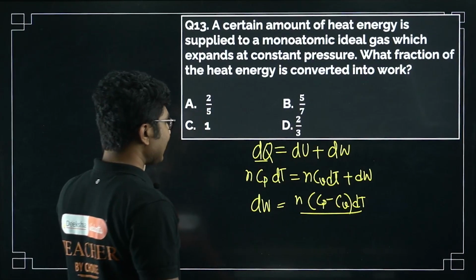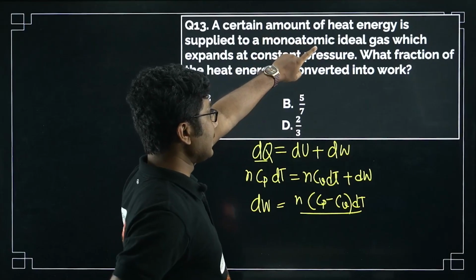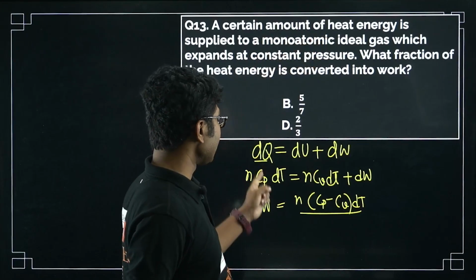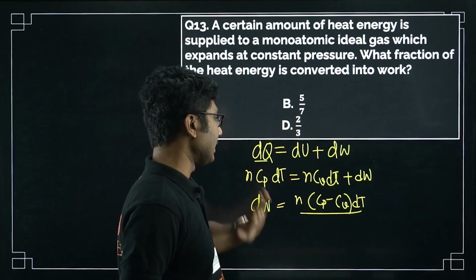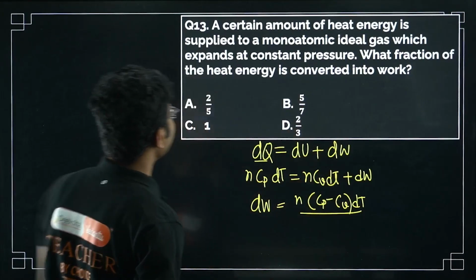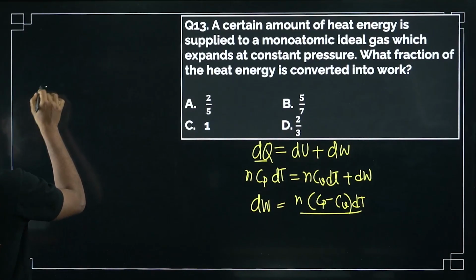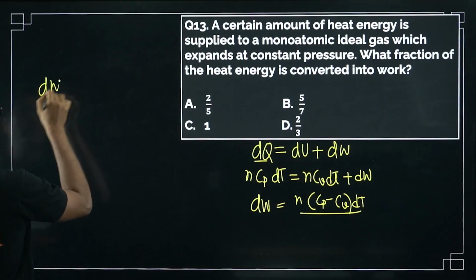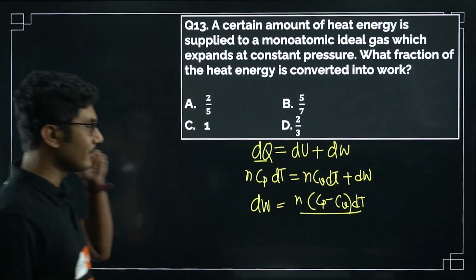Now you have to understand that because heat is supplied at constant pressure, that's why there is Cp dT. Cv dT is by definition of internal energy. Now what fraction of the heat energy is converted? That means you have to find work done divided by the heat supplied. So this is the fraction that we are interested in.